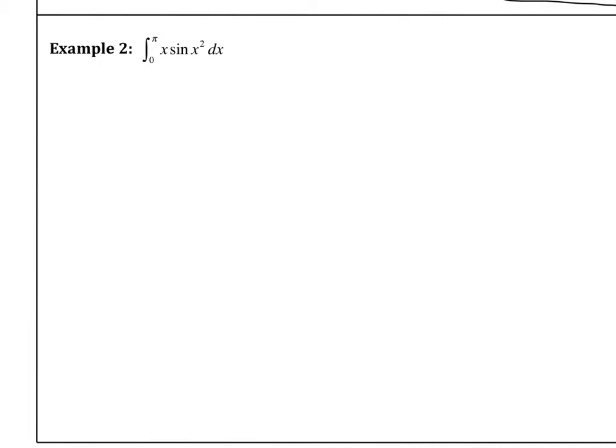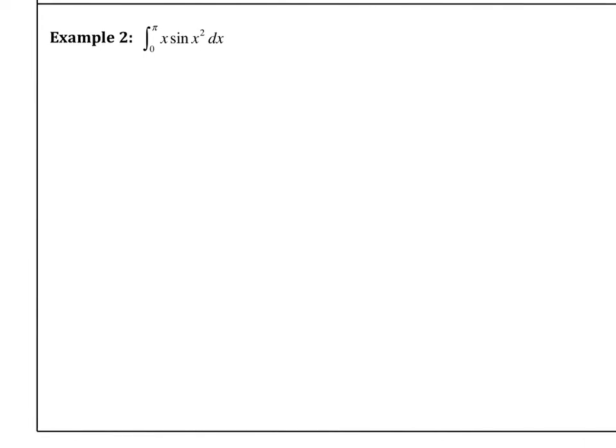Ooh, trig. All right. So, the question is, do I see a function derivative pattern? And I do, but be careful here, all right? Because I see that, if I choose my function as x squared, its derivative is there one way or another.